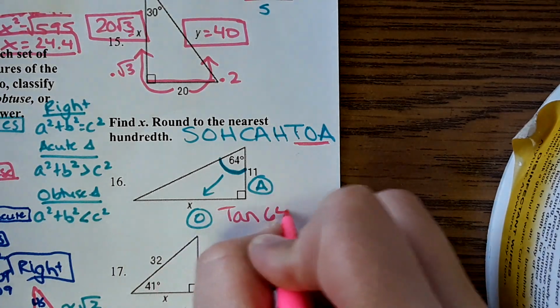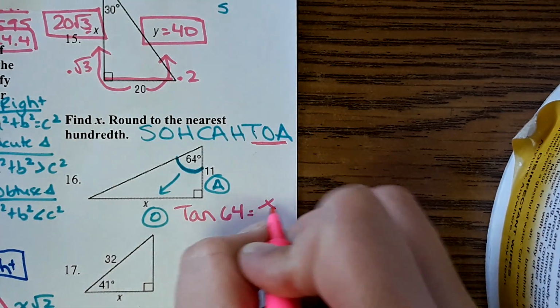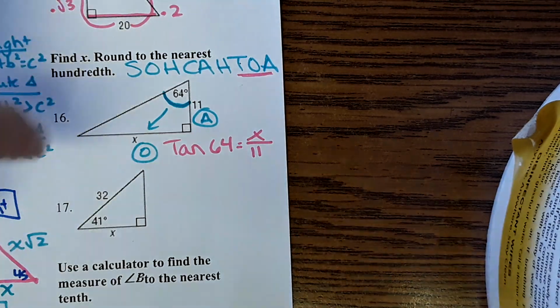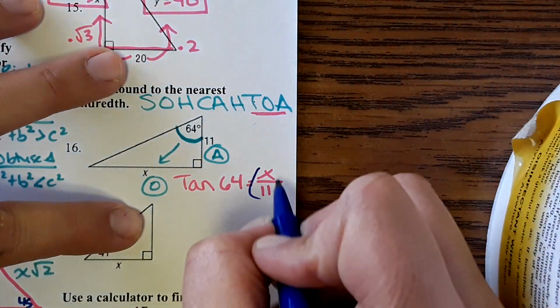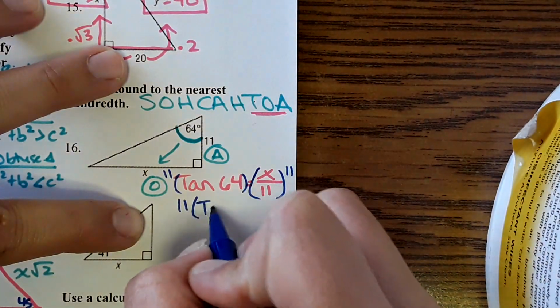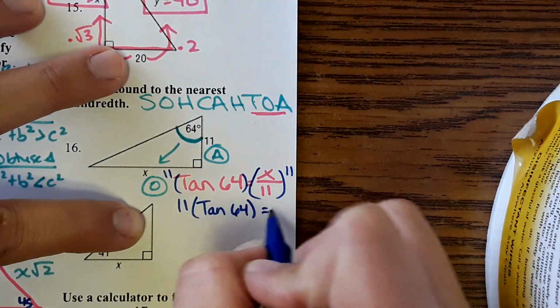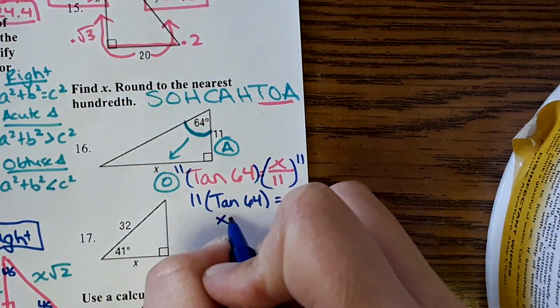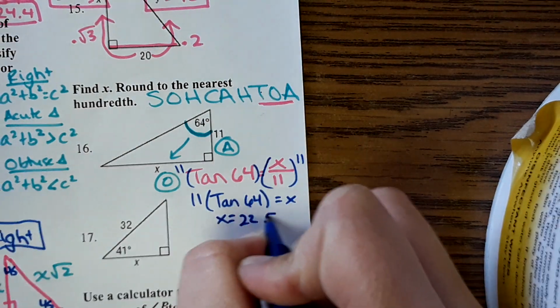Tan of 64 equals x over 11. Then to solve, multiply both sides by 11. 11 tan of 64 equals x. You plug it into the calculator, however your calculator works, and you get x equals 22.55.